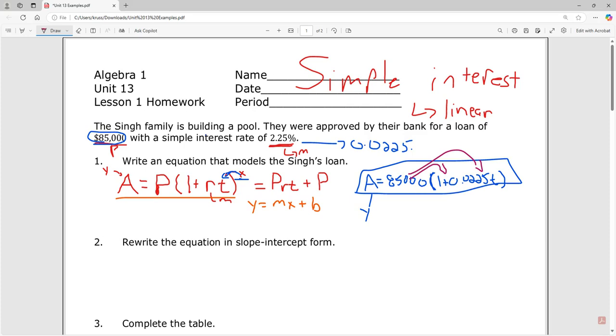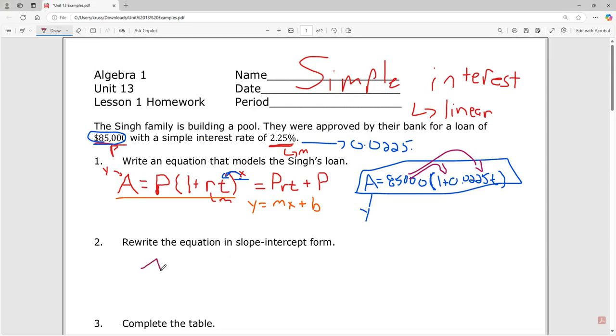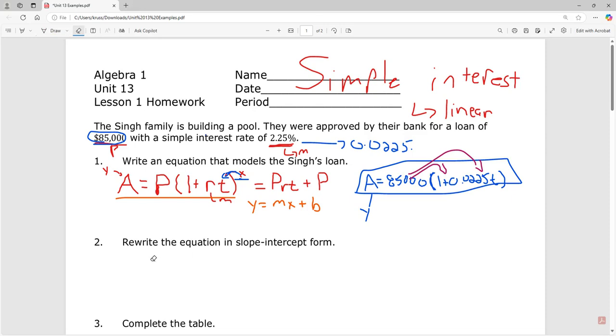So what is 85,000 times 0.0225? It equals 1912.5.